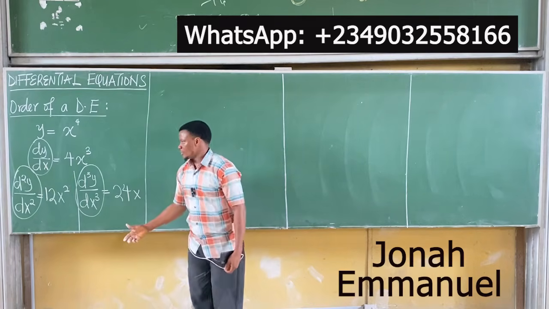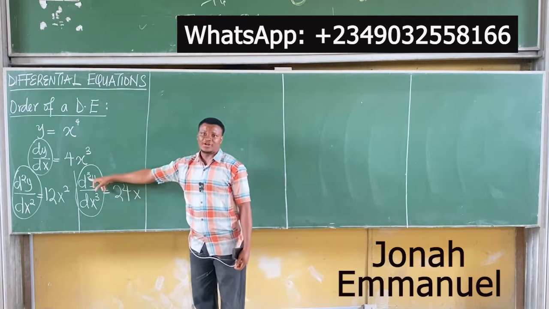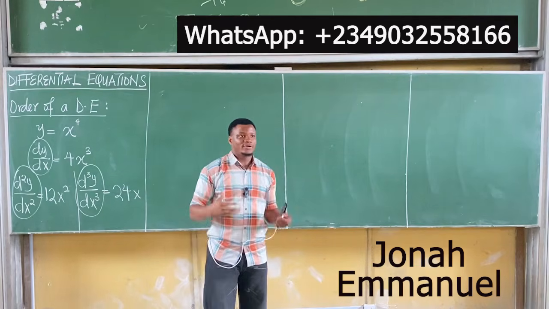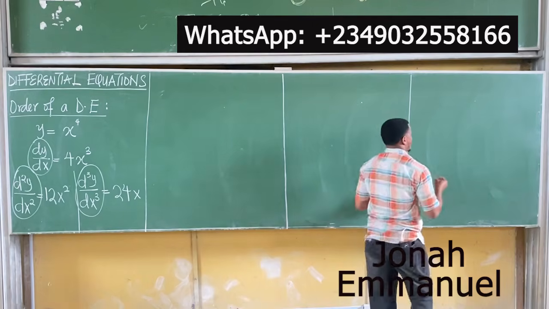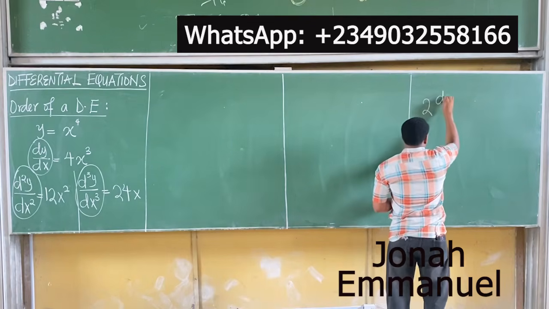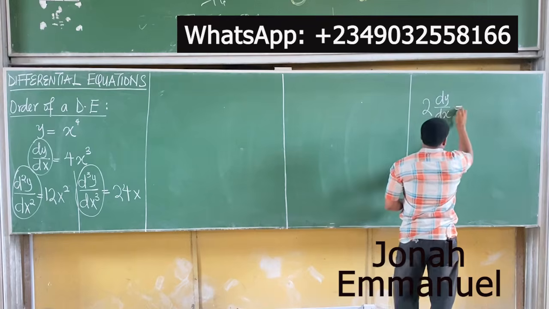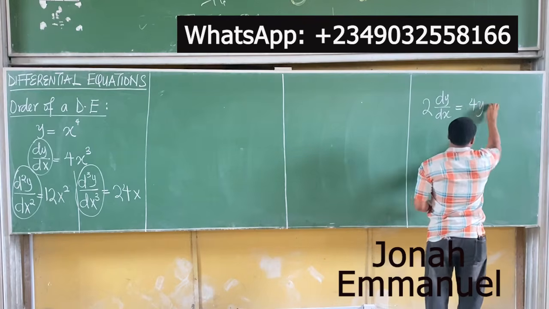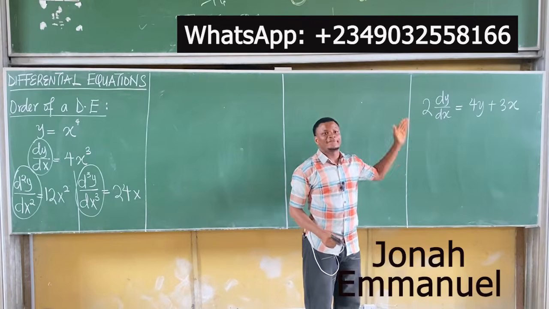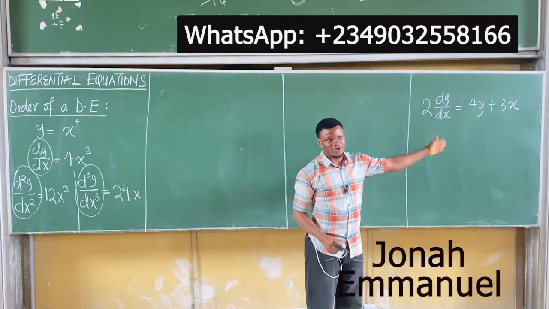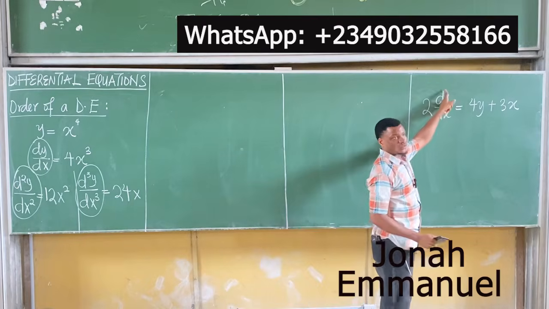If I have 3, it becomes a third order differential equation. If I give you something like 2 dy/dx is equal to 4y plus 3x, what I have here is a first order differential equation. Of course, the highest here is just 1.